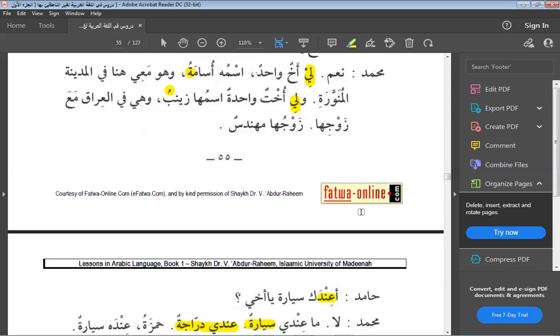So you use li or lahu or laka for human beings. So you say li abun or lahu abun, and when you want to say he has a car, he has a room, indahu ghurfa, you use inda with the material things, and then you use li with humans. That is how the usage goes, inshallah.